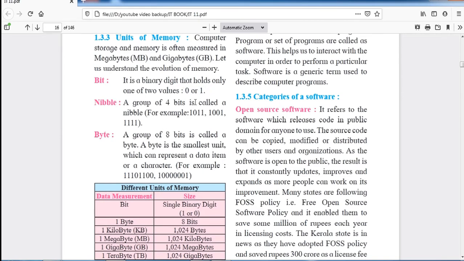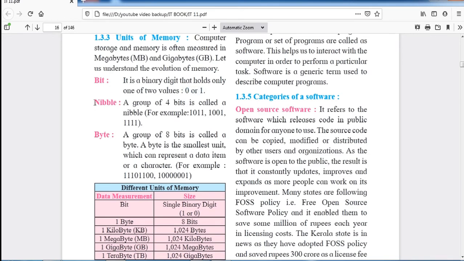When the switch is on, it holds 1, and when the switch is off, it holds 0. That situation is known as a bit. The minimum value of memory, 0 or 1, is called a bit.